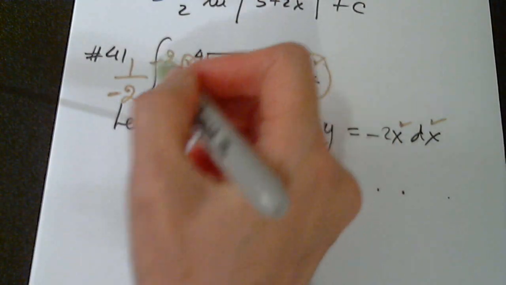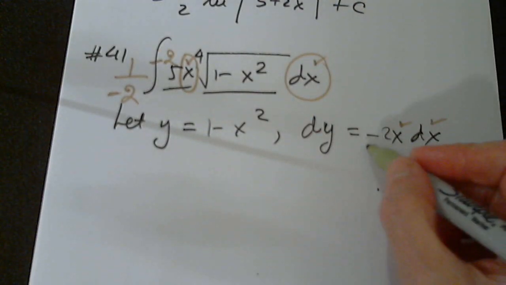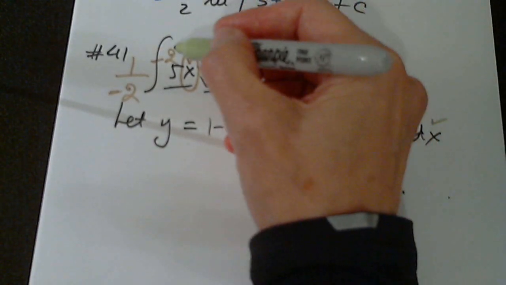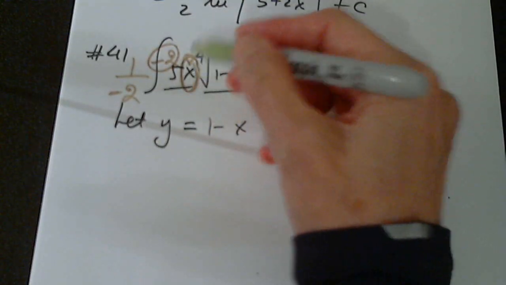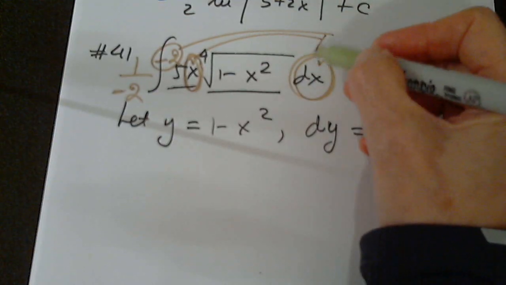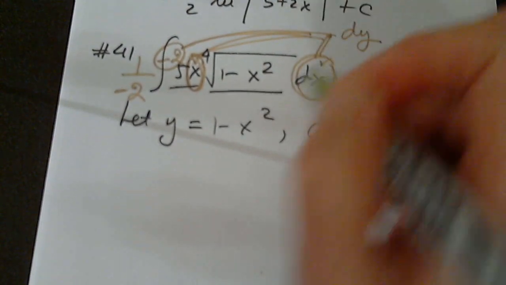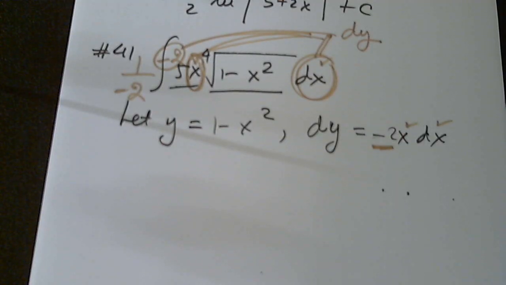If I multiply by negative 2 and divide by negative 2, I haven't changed anything. But this is what I need, because negative 2 times x times dx will change into dy. So I have a negative 1/2 outside.